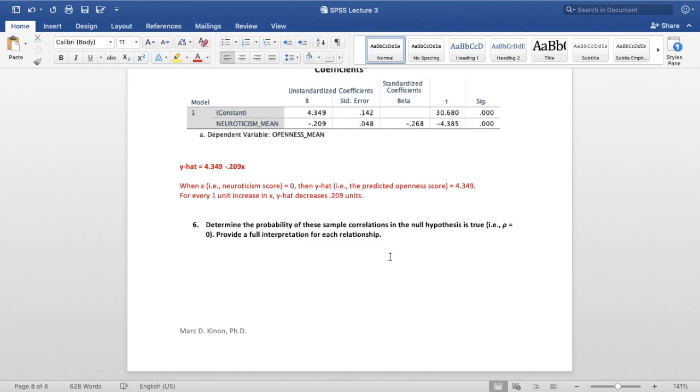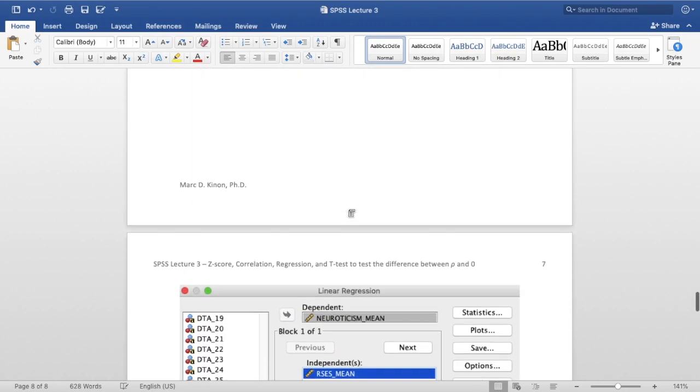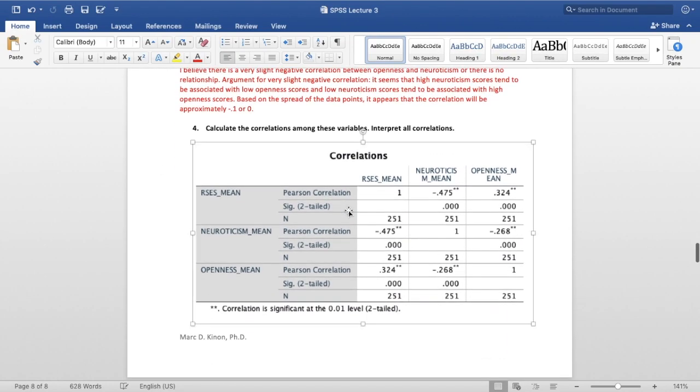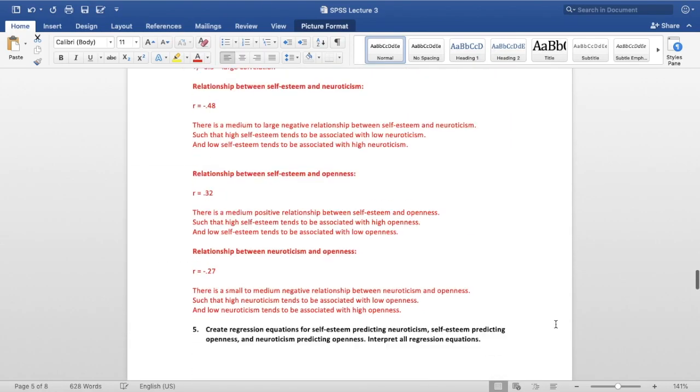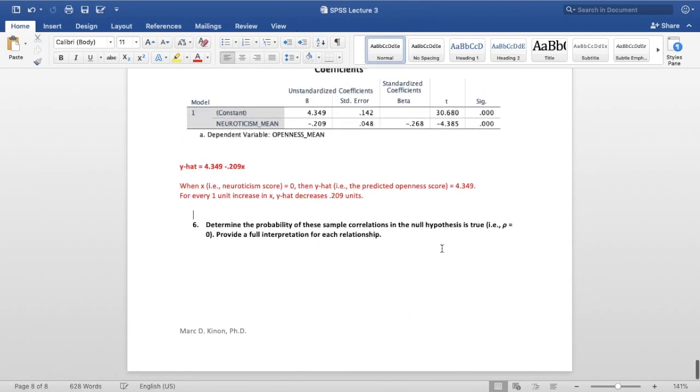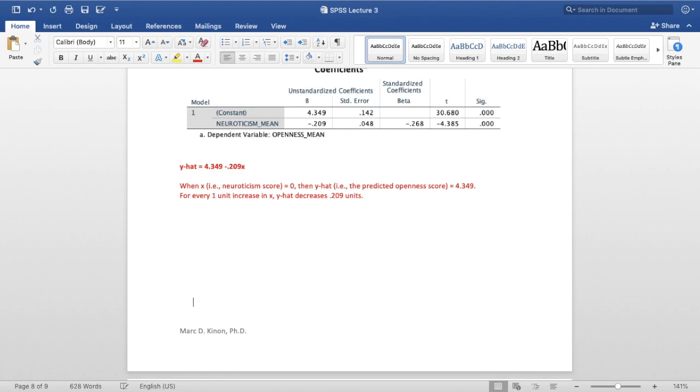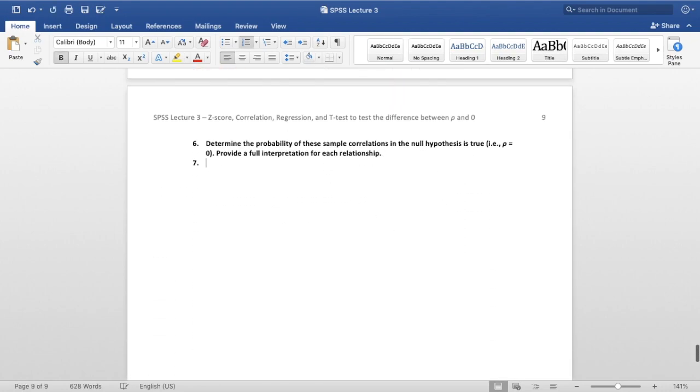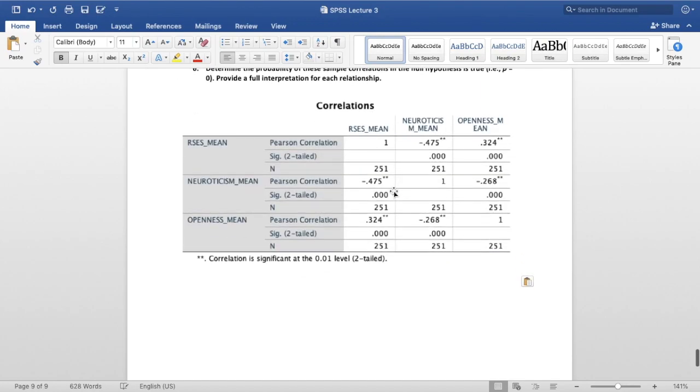Okay, now we're going to move into the land of inferential statistics. So we actually don't have to do another analysis for this because when you calculate a correlation, the inferential statistics are built in. And what it comes down to is the p-value.